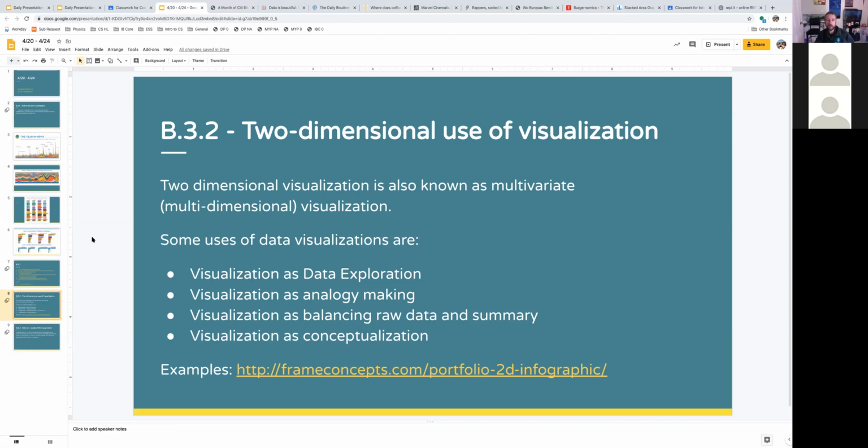You are not just representing how births change with time. You might be saying births in a particular region change over time. And so you're doing a multi-dimensional visualization, or a multivariate visualization. And so this is the link that I just showed you, these different ways of doing 2 or more dimensional visualization.